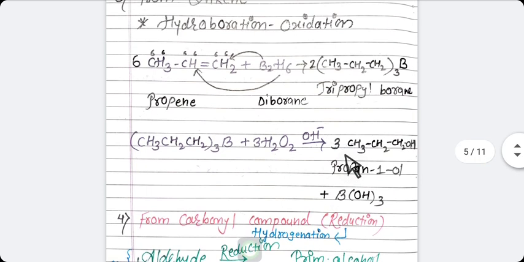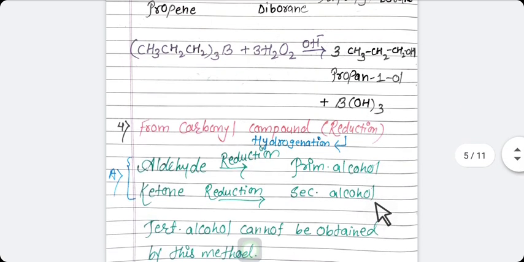So this is the method of hydroboration oxidation in which we take propene, react with diborane, it forms tripropylborane, which is oxidized to an alcohol by hydrogen peroxide in presence of dilute sodium hydroxide. So it will form propan-1-ol, and your byproduct is boron hydroxide.